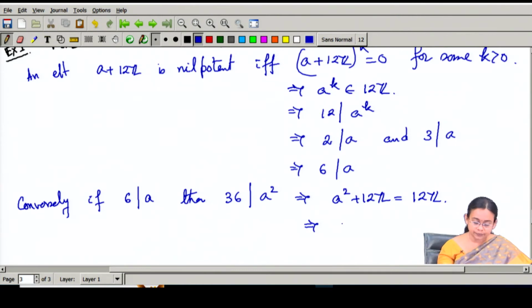This says that A plus 12Z is a nilpotent element in Z quotient 12Z.